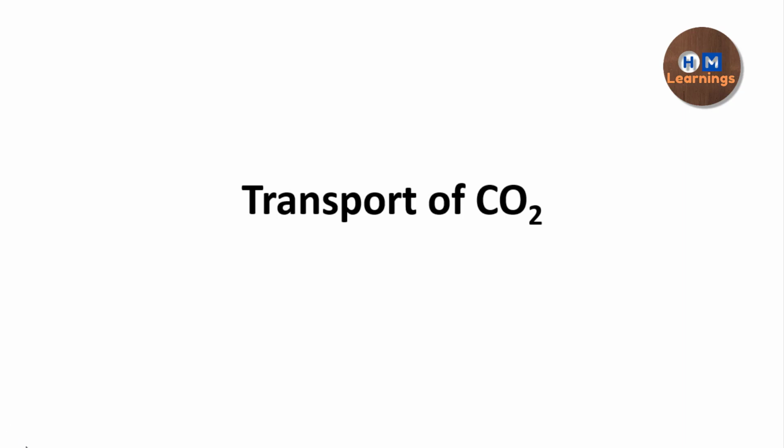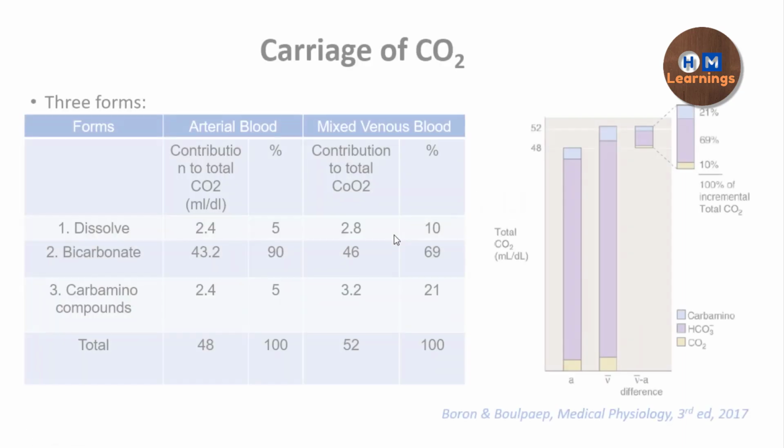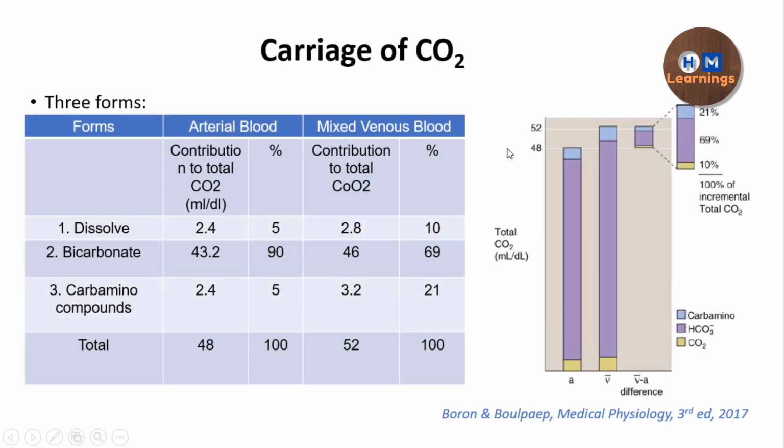What are the major forms by which the carbon dioxide can be transported, and apart from this, what is the contribution of the blood cell in transporting the carbon dioxide, and what is the contribution of the plasma in transporting the carbon dioxide. And then we will focus on certain mechanisms like the chloride shift, and on the very important critical determinants of the carbon dioxide transport.